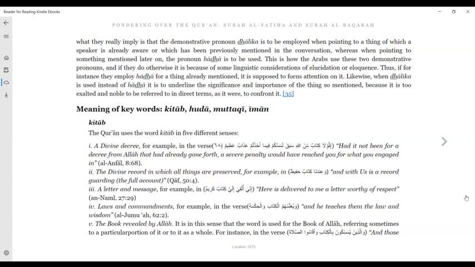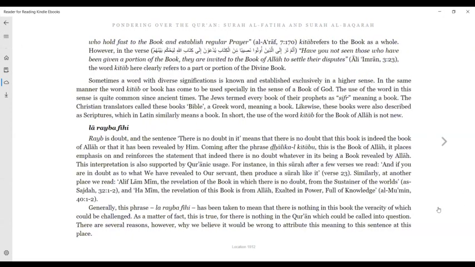It is in this sense that the word is used for the book of Allah, referring sometimes to a particular portion of it or to it as a whole. For instance, in the verse, وَالَّذِينَ يُمَسِّكُونَ بِالْكِتَابِ وَأَقَامُوا الصَّلَاةِ, and those who hold fast to the book and establish regular prayer. Surah Al-A'raf, chapter 7, verse 170. Kitab refers to the book as a whole.